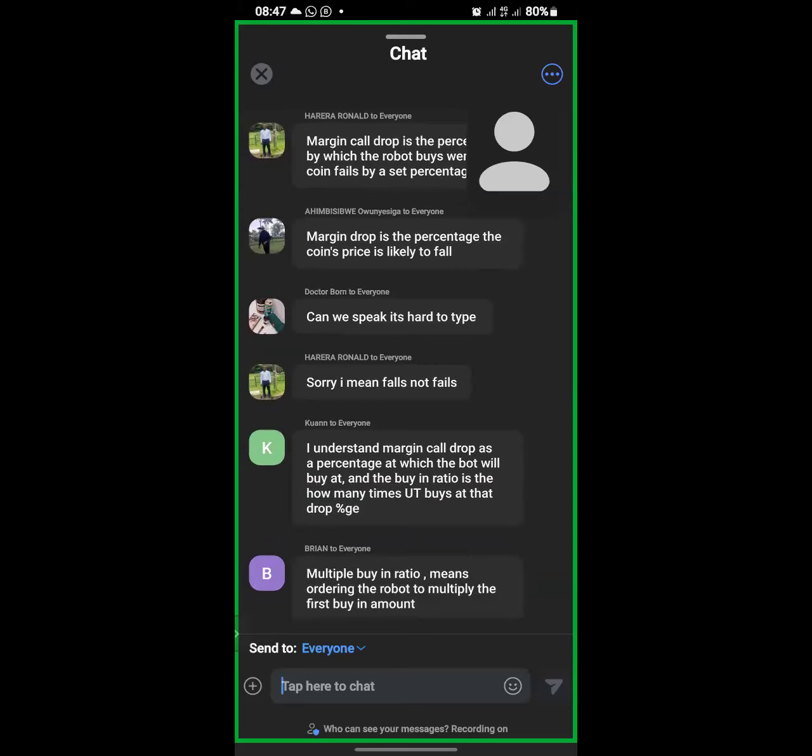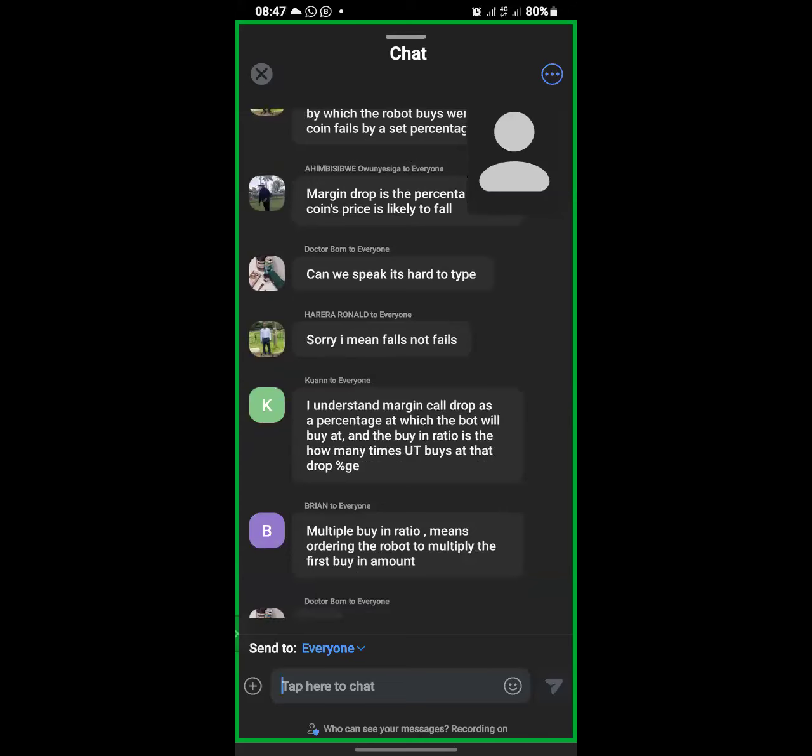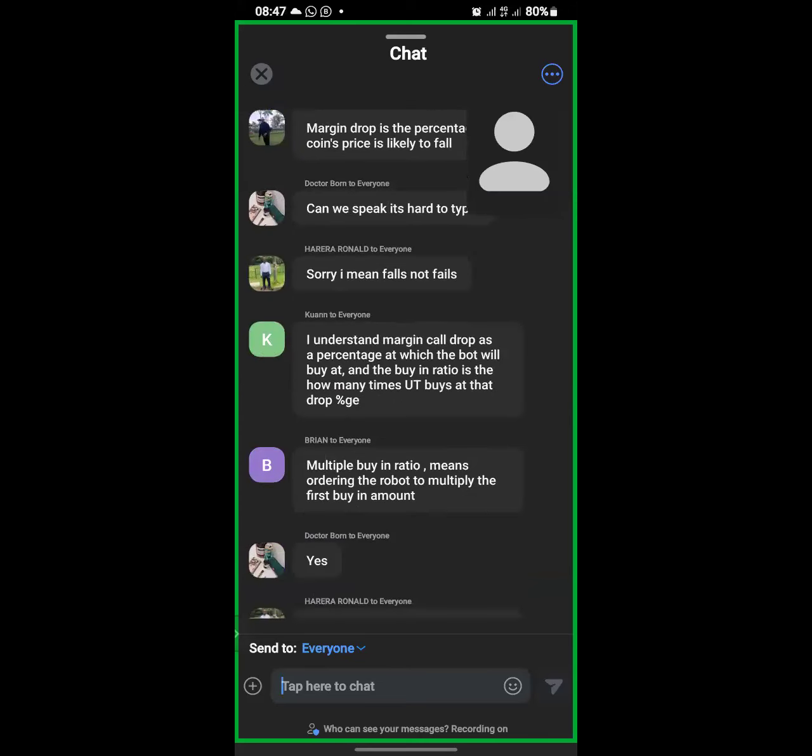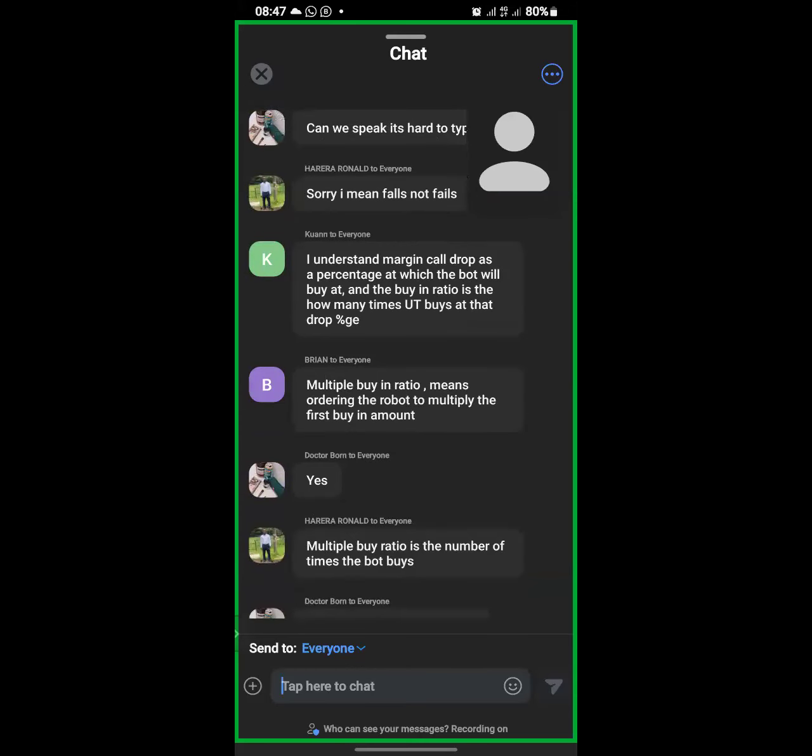I understand margin call drop as a percentage at which the bot will buy, and the buy-in ratio is how many times it buys at that drop. Okay, multiple buying ratio means ordering the bot to multiply the first buying amount. Wow, I like the explanation.